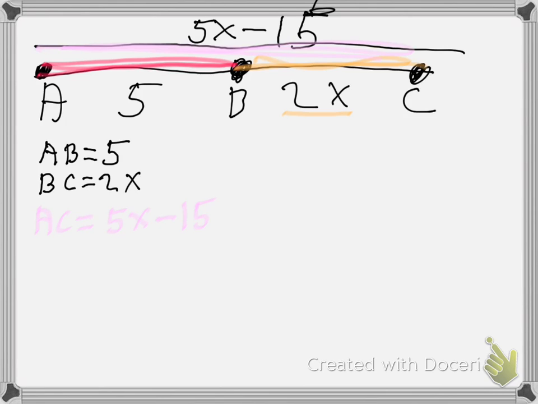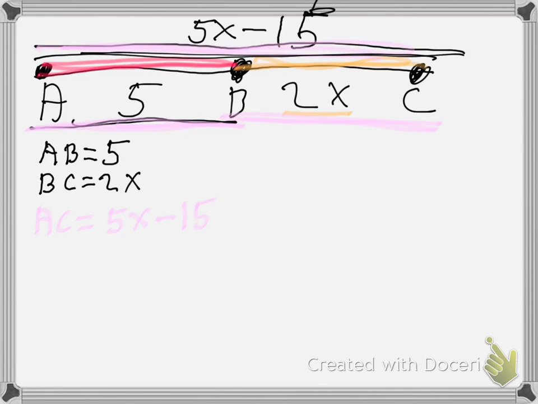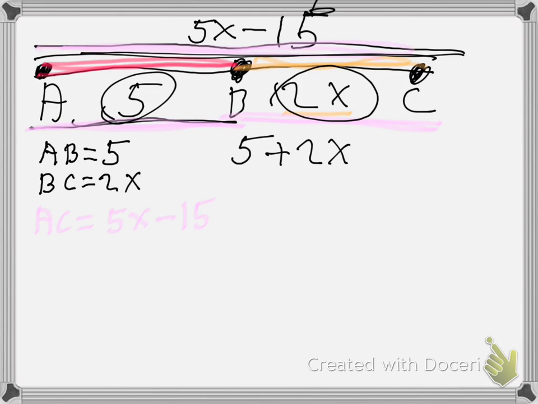So, always, what is it going to be? The two babies equal the mom, the whole thing. That's how you set up the formula. What are the two babies? 5 and 2x, so 5 plus 2x equals, what is the mom?